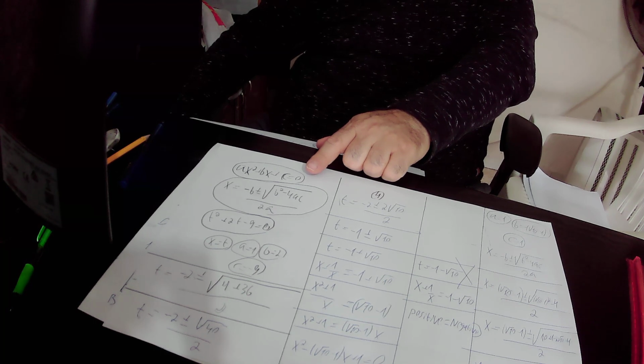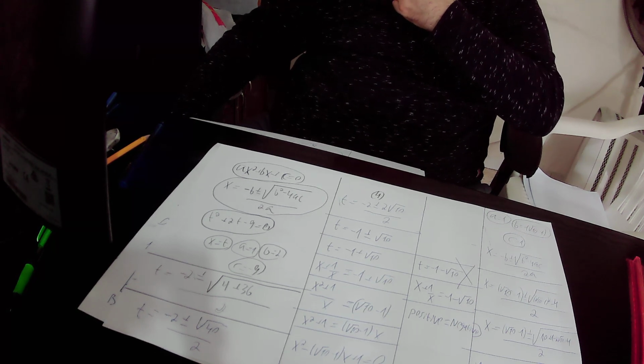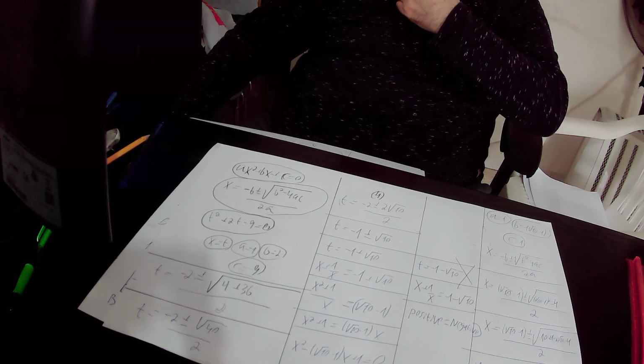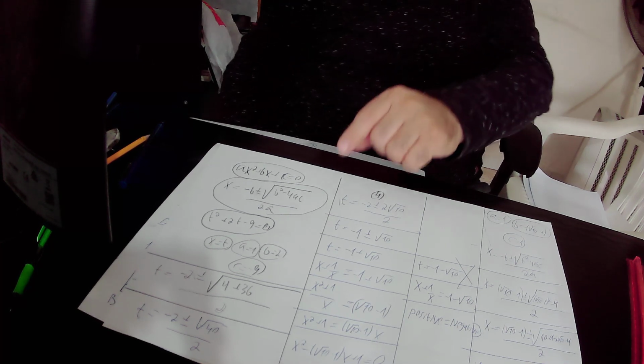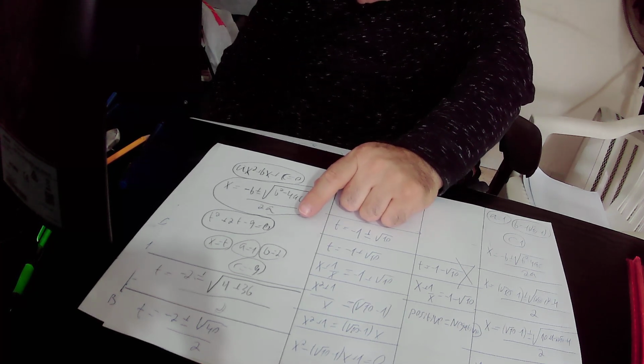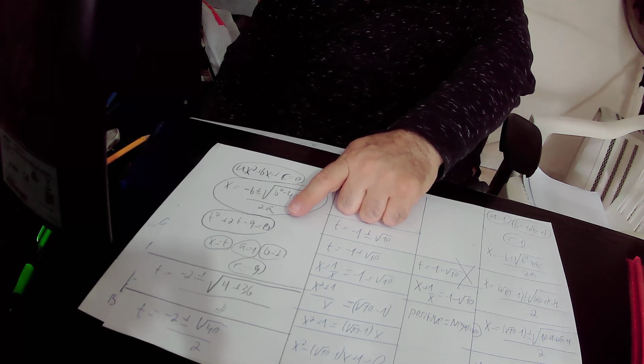The formula is x equals minus b plus or minus the square root of b squared minus 4ac, over 2a. In our specific quadratic equation, t squared plus 2t minus 9 equals 0, a equals 1, b equals 2, and c equals minus 9. And the variable that we are looking for is t.